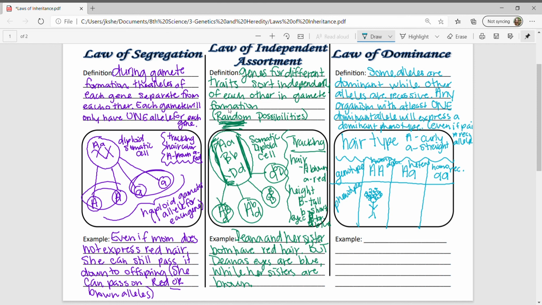Okay? So we also have heterozygous allele pairing, which even though it's paired with this recessive allele, this dominant allele is going to mask it and cover it up, act like it's not even there in the phenotype. So we're still going to have a person with super curly hair, just as if that recessive allele wasn't even there.